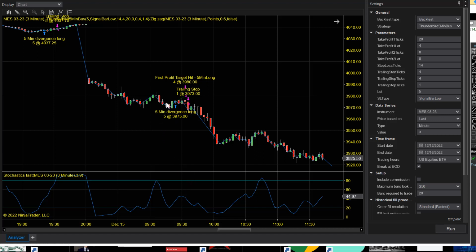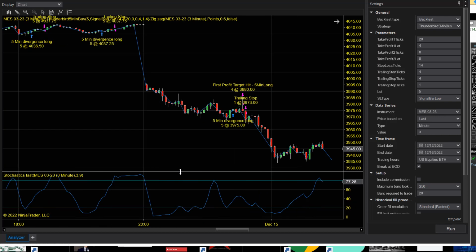In this case, because we have a trailing stop, when we get the first profit the trailing stop moves up 4 ticks. If we get further upside and we have great news, yeah, we gain that, but we also protect ourselves in the downward trending. So this one, even though it doesn't look like we got much, the divergence gave us something, and we were able to capture a profit on it and put in a trailing stop, which protected us.